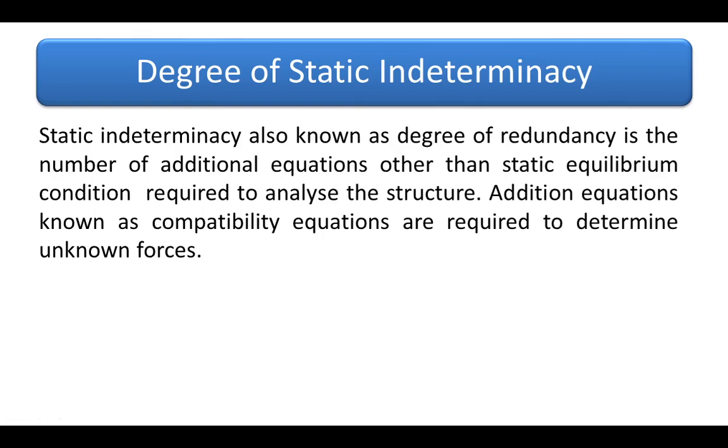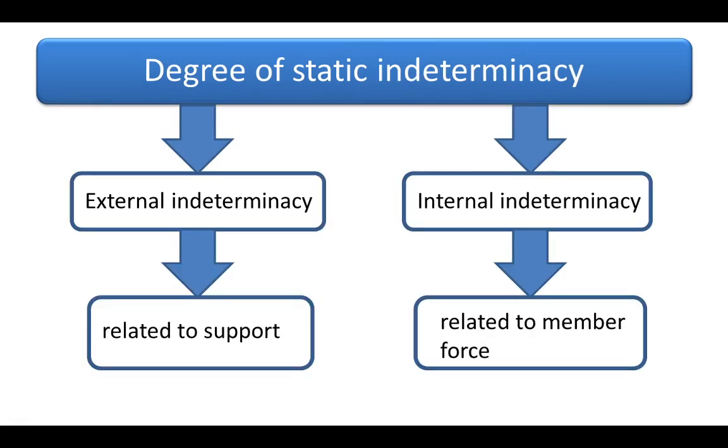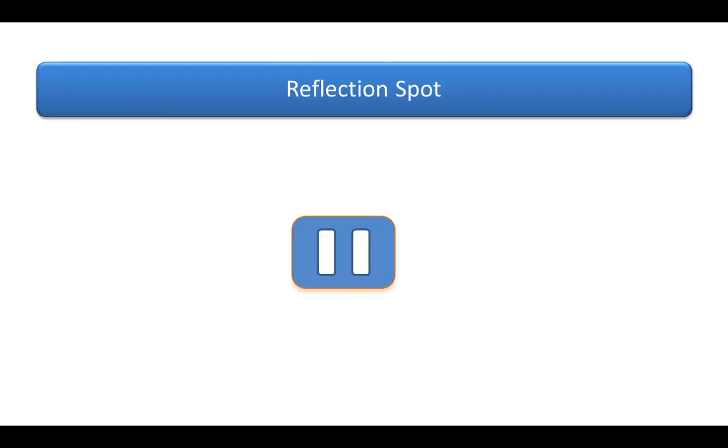These additional equations are known as the compatibility equations, which are required to determine the unknown forces. So now degree of static indeterminacy is of two types. First one is external, second one is internal. External indeterminacy is related to the support and internal indeterminacy is related to the member force.